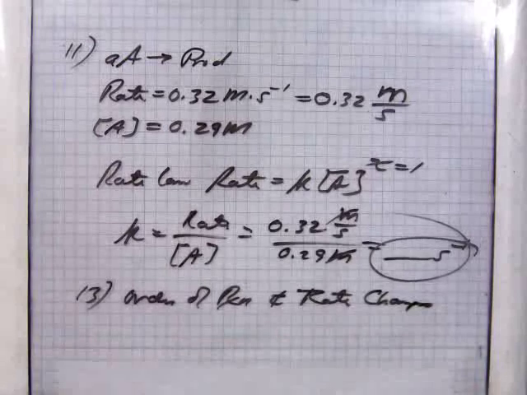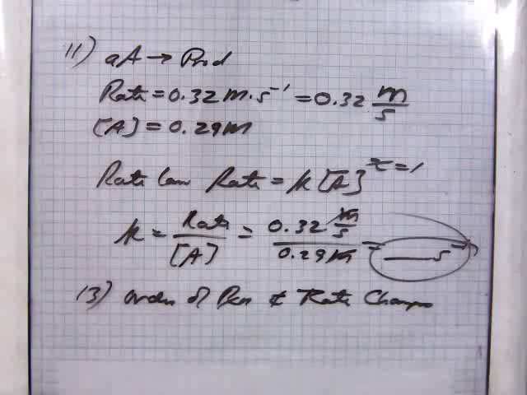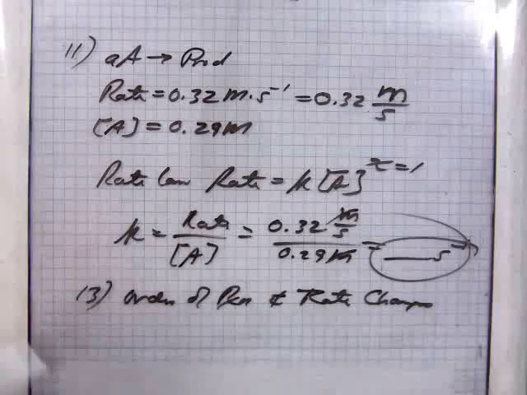Now, this is order of reaction relative to concentration changes. If you double concentration and you double rate, that's a first order. If you double concentration, you jump 4 times, that's second order. If you double concentration, nothing happens, that's 0 order. Okay? So you need to know those.